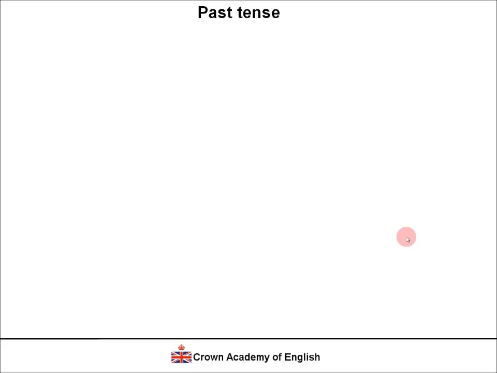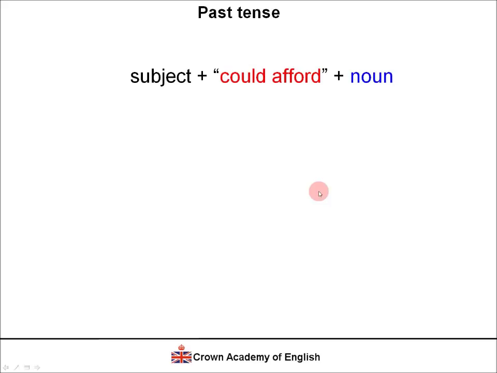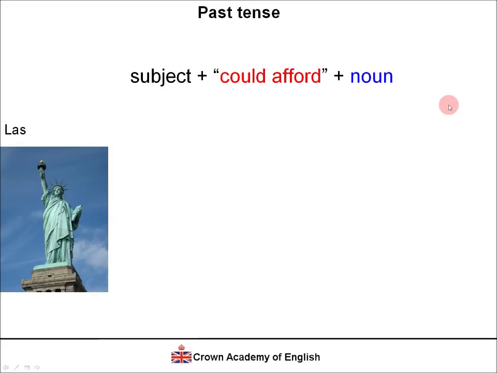Past tense. So, the past form of can is could. So the structure becomes subject plus could afford, followed by the noun phrase. So this is for the past. Example.